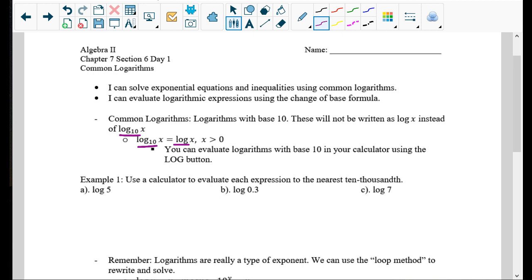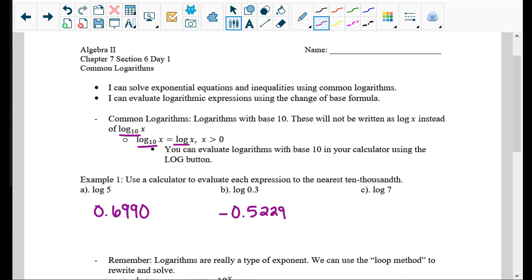For these log base 10s, you just plug them into your calculator. So log 5, and we get 0.6990. Log of 0.3 is negative 0.5229. And again, we're going to round a lot of these off because the decimal is going to keep on going.